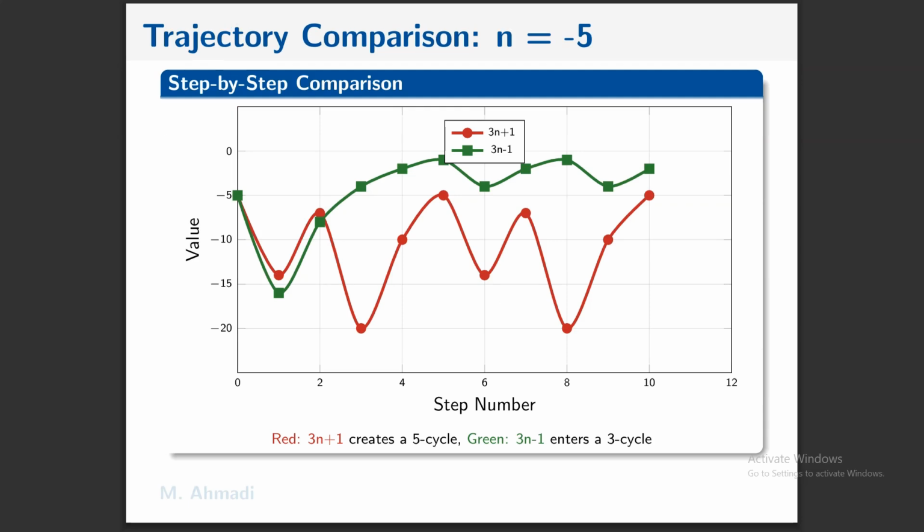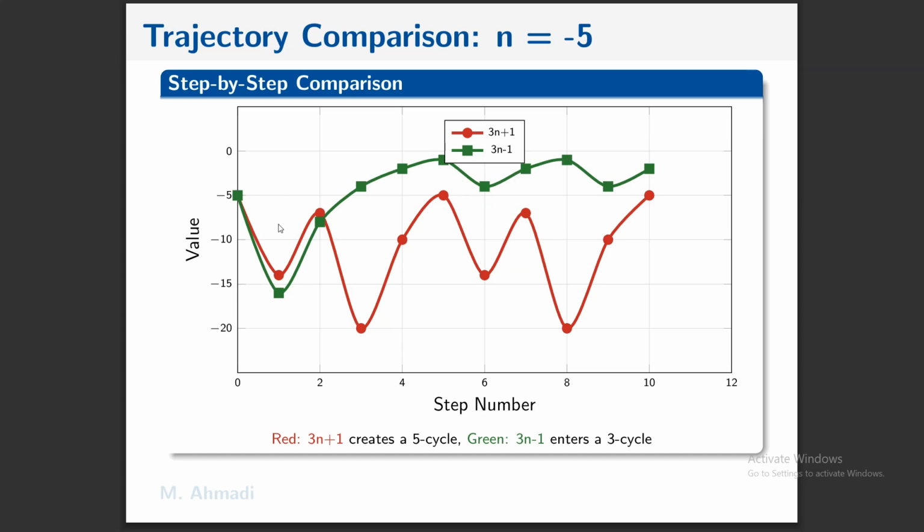Also here is the trajectory comparison for n equal to minus 5. We can see the curves for 3n plus 1 and 3n minus 1. After the sequence, it enters a cycle. For the green graph, here is the cycle. Here is the cycle.